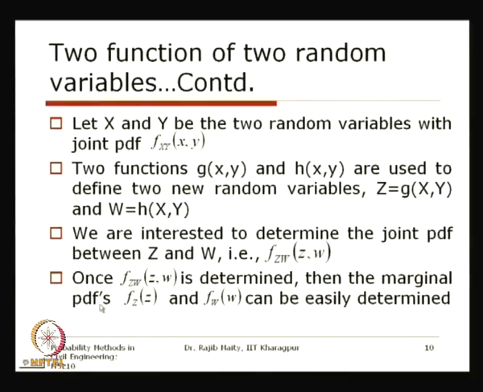For example, their marginal PDFs, f_Z(z) and f_W(w), can also be easily determined from the theory that we have discussed earlier. So now we are interested to know the joint density f_ZW from the joint density f_XY, where X and Y are my original random variables and Z and W are functions of them.